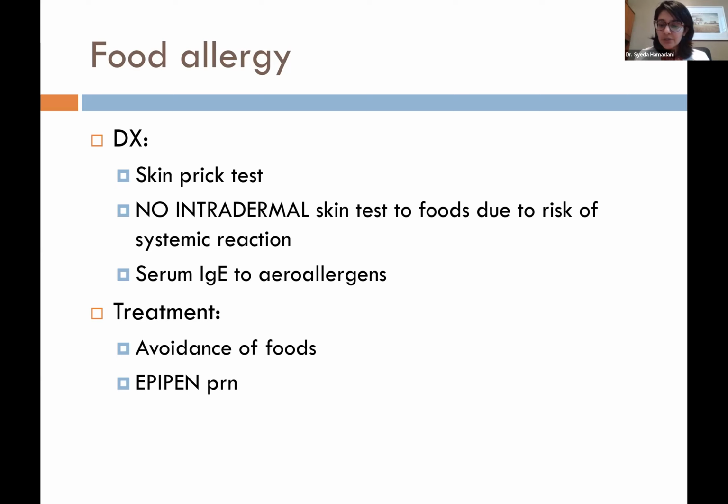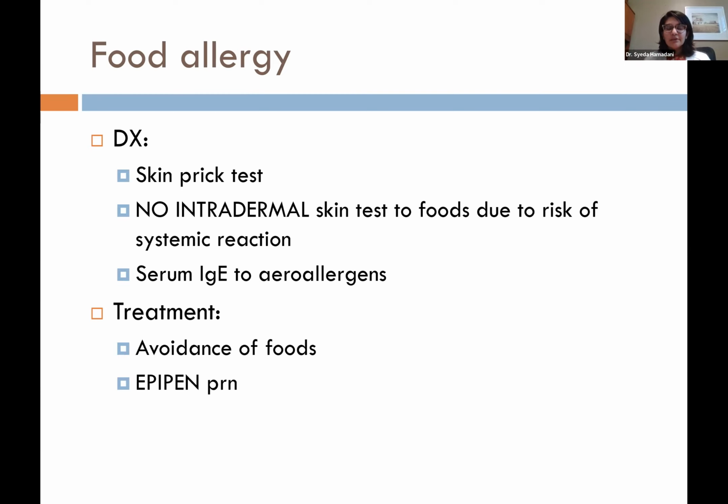And I always advise patients that if they ever use epinephrine of any kind, they do need to call 911. I always have patients carry 2 epinephrine auto injectors, because sometimes you can have symptoms or reactions even after the initial one. So it's always important to carry 2 for that reason.